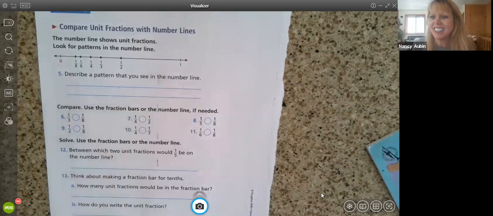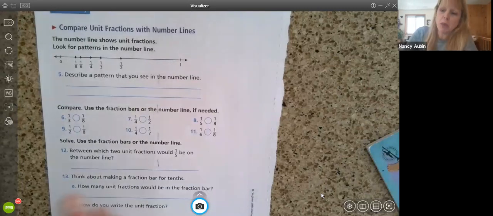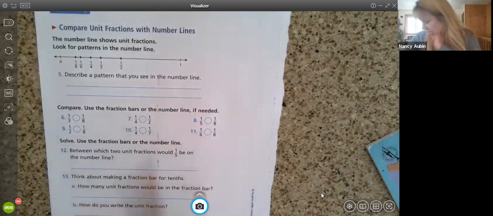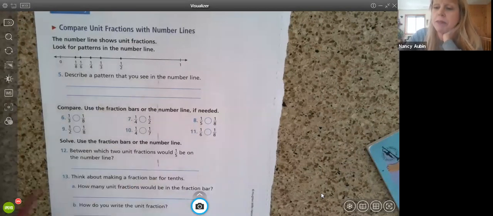Excellent. Good observation. It's only one number line, right? One whole. We looked at some last week where we had more than one, greater than one. Cooper, what else do you notice on this number line? What do these fractions have in common? What do you think is different about them?